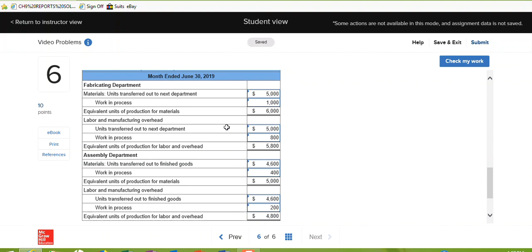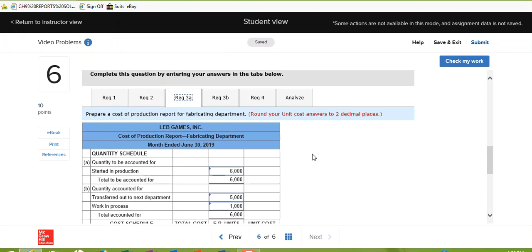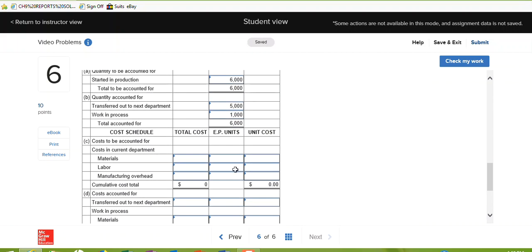For labor, and they actually on this chart lumped in labor and overhead together, for each of those we have 5,800 units. So take those amounts and plug them in over here. There's the 6,000, there's the 5,800 units for labor, 5,800 units for overhead. I just think that's an easy place to start.